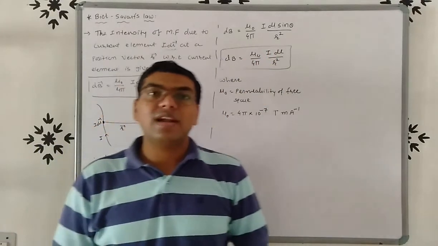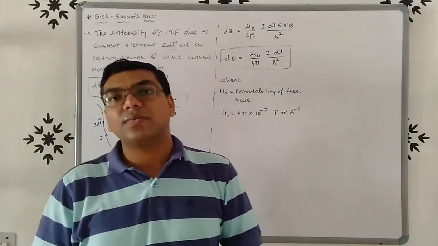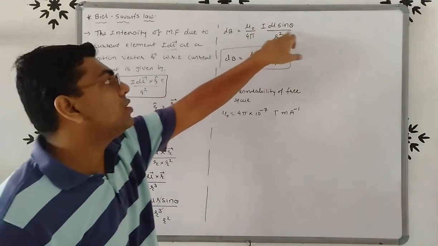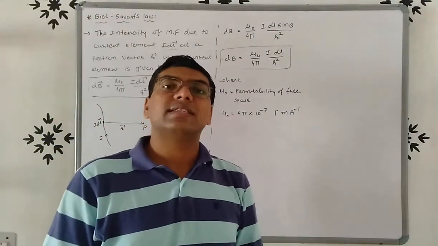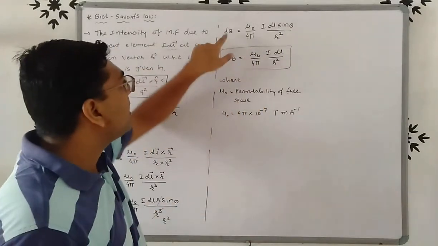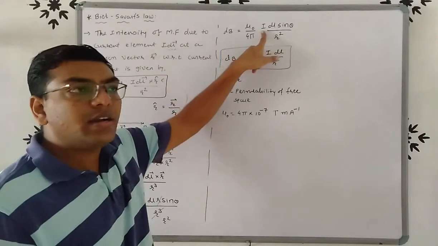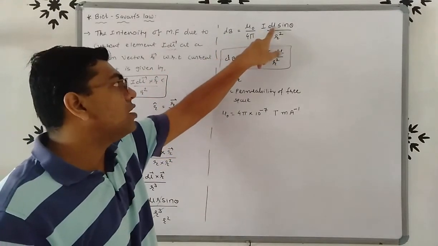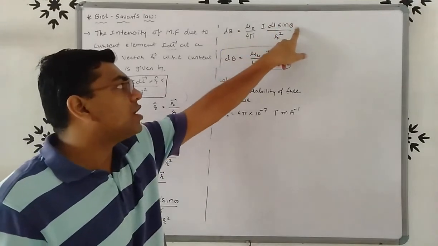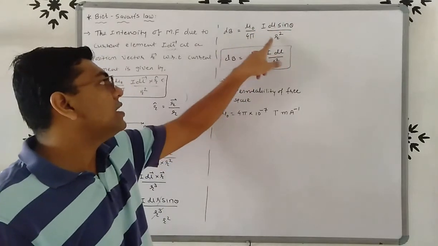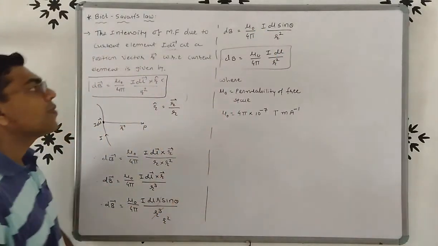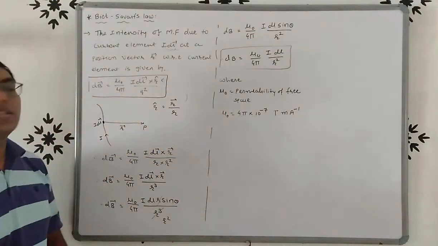And we can also say that magnetic field is proportional to angle theta, that is sin theta, right? So from this formula, magnetic field is directly proportional to current, directly proportional to element of length dl, directly proportional to sin theta, and inversely proportional to square of the distance, right? So from the formula we can say this.